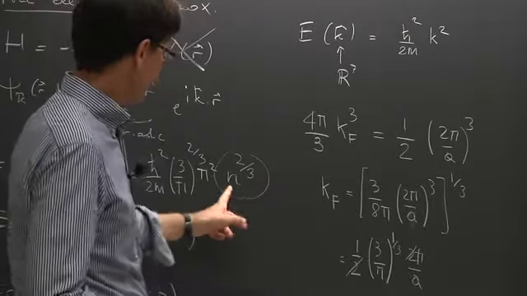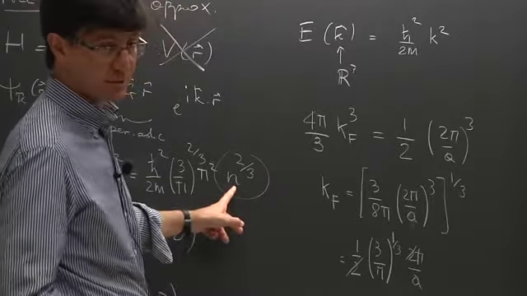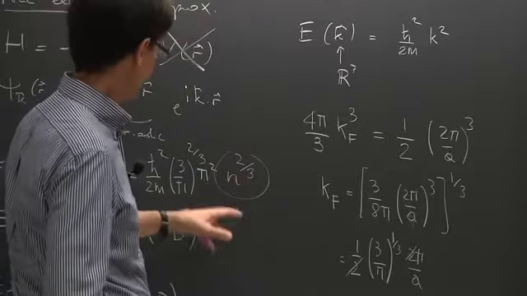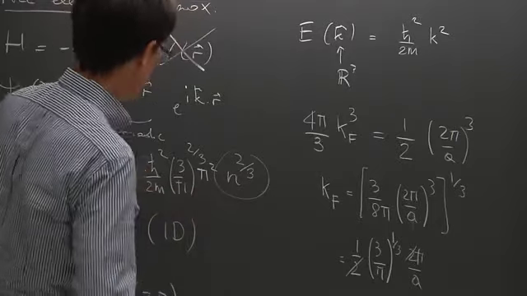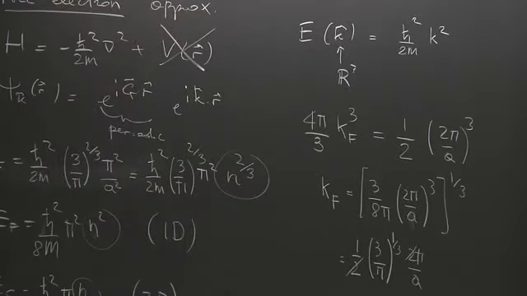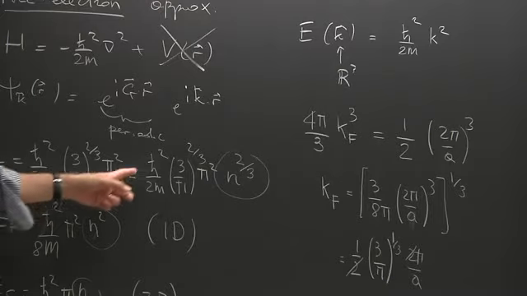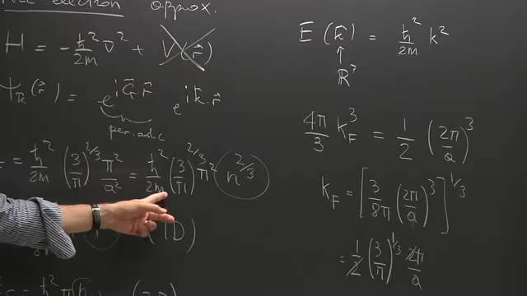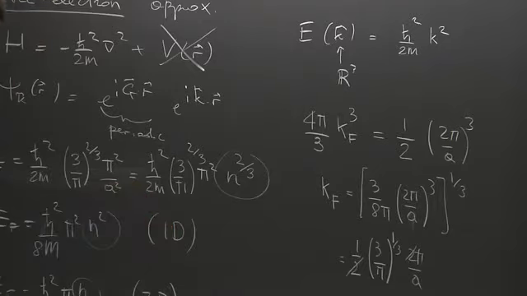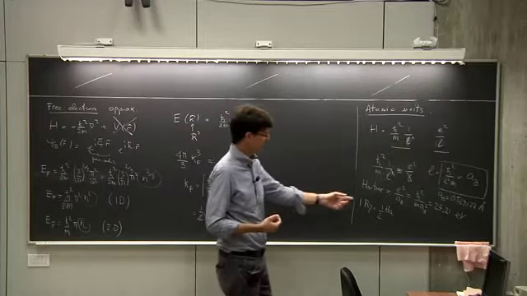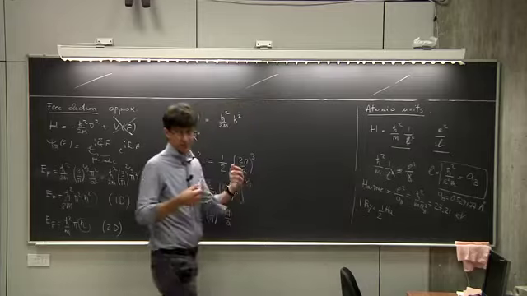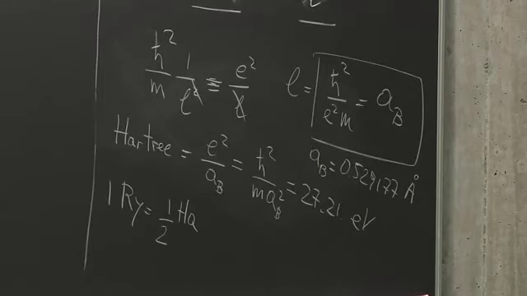But of course, you need to extract out the Bohr radius here to the 2/3. In other words, you can write the Fermi energy in terms of h squared over m, 1 over Bohr radius squared. And then you can extract the Bohr radius out of that. And everything becomes dimensionless, or everything becomes expressible in terms of Hartrees and Bohr radii. So everything becomes dimensionless in principle if you use those particular units.